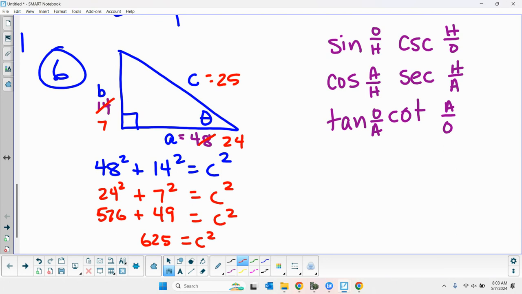I just reduced it by 2 since they're both even. Made my numbers smaller. And then when I write my fraction, it'll be in lowest terms. So hypotenuse is 25. We're doing cosecant, hypotenuse over opposite. Here's theta, so opposite is 7. So that's the answer we're looking for, 25/7, which would have been letter A for number 6.